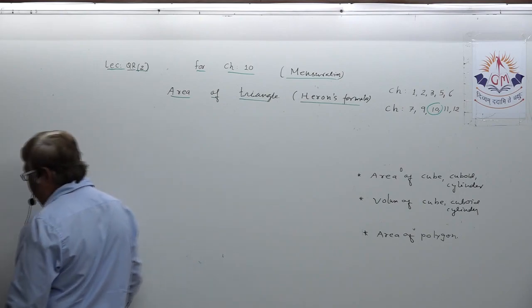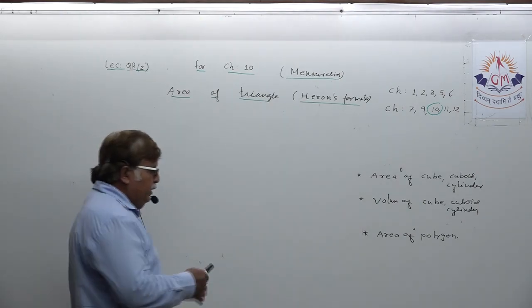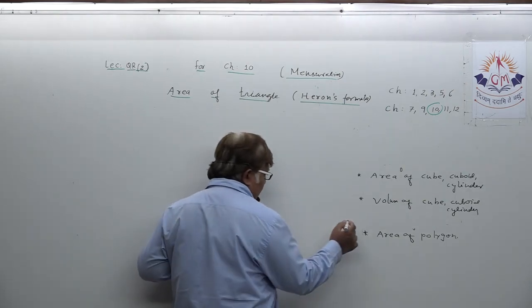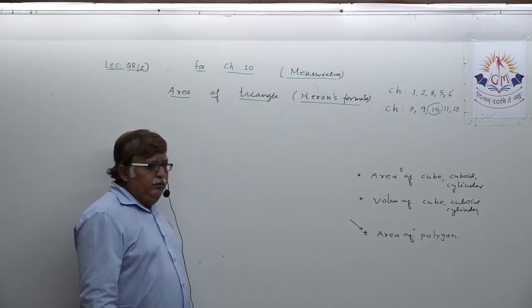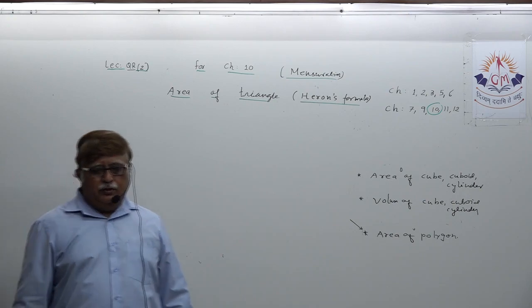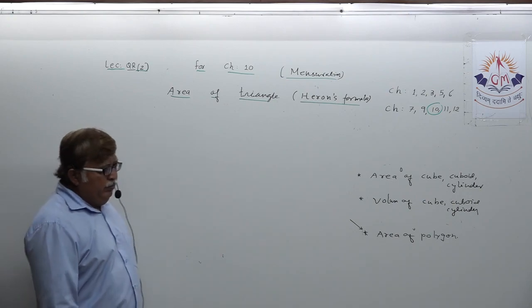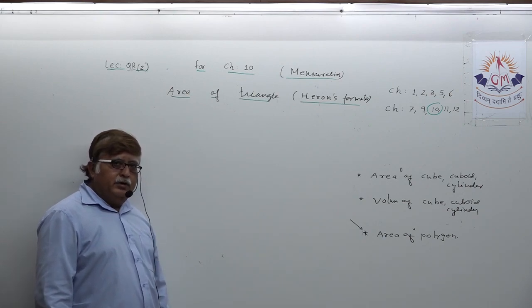We have solved in our regular lecture so many examples regarding how to find the area of a polygon. I will just draw here some polygons and try to give you an idea how you can find the area of those polygons.